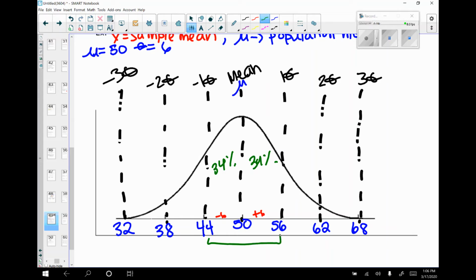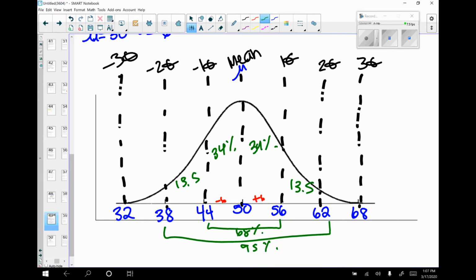This is 13.5, and this is 13.5, which means that 95% of my data falls from 38 to 62. And lastly, 99.7% of my data falls between 32 and 68 of whatever we're talking about here.